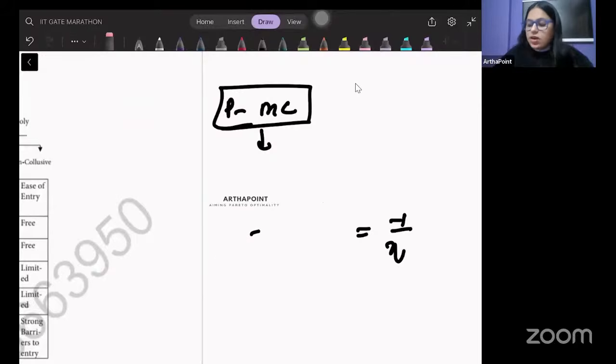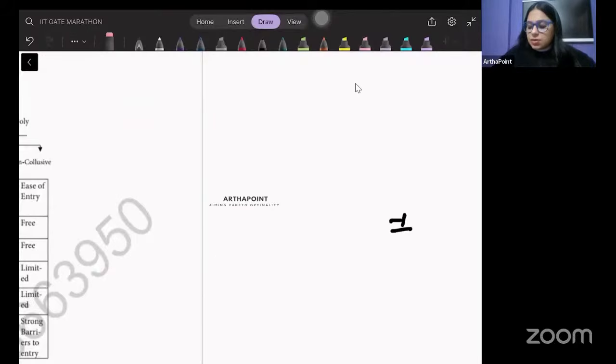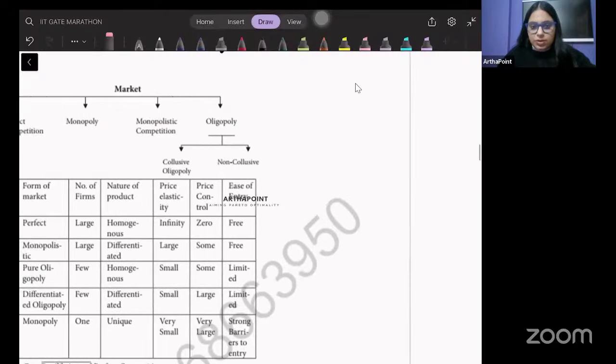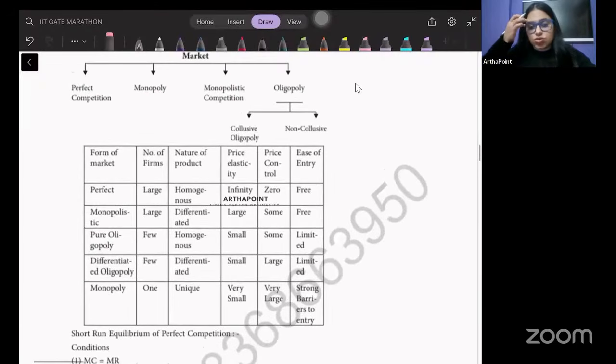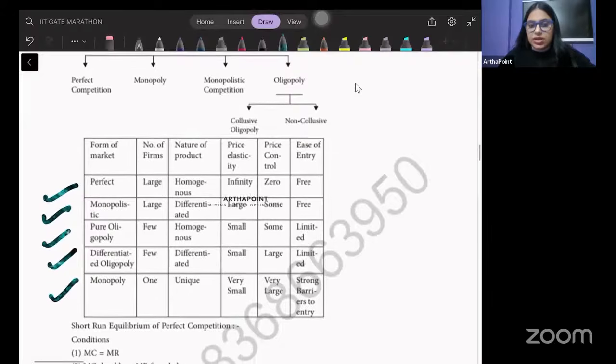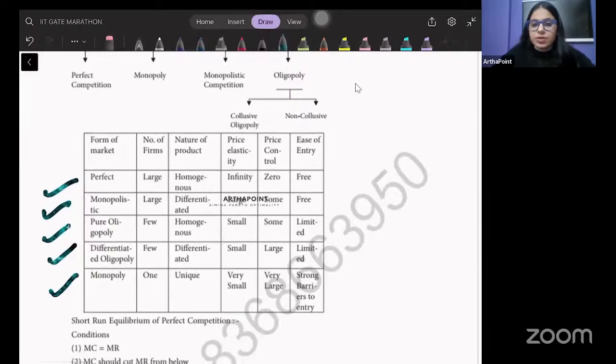Now, there are some immediate things that you have to remember, which you can see from the form of markets. So, here you have perfect competition, monopolistic, oligopoly, differentiated oligopoly, and monopoly. In each of them, you should be able to distinguish based on number of firms, which go from large to 1.